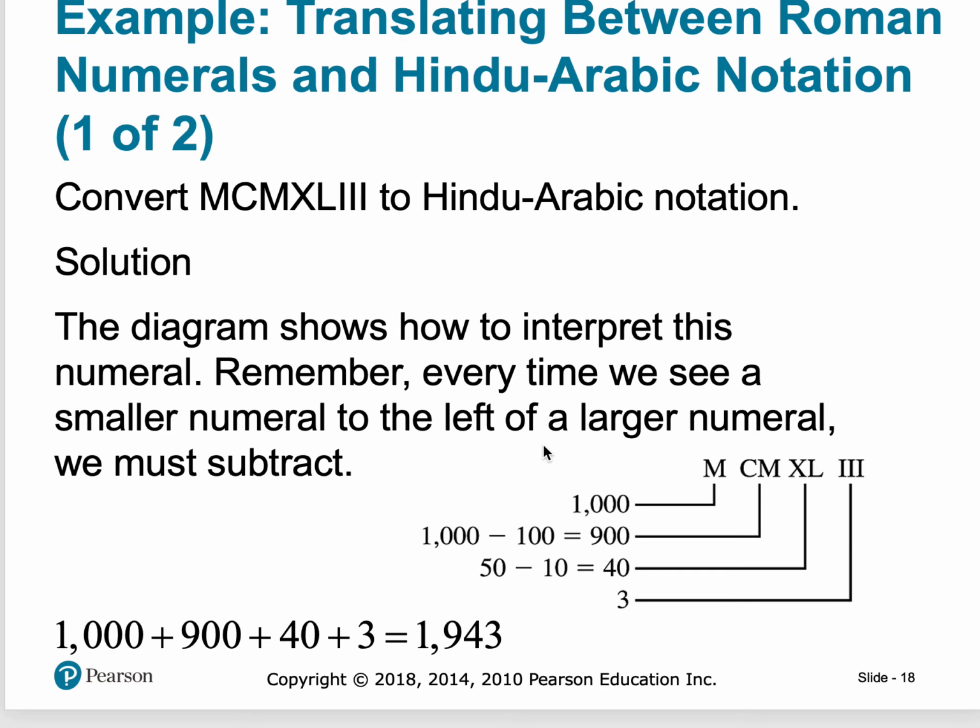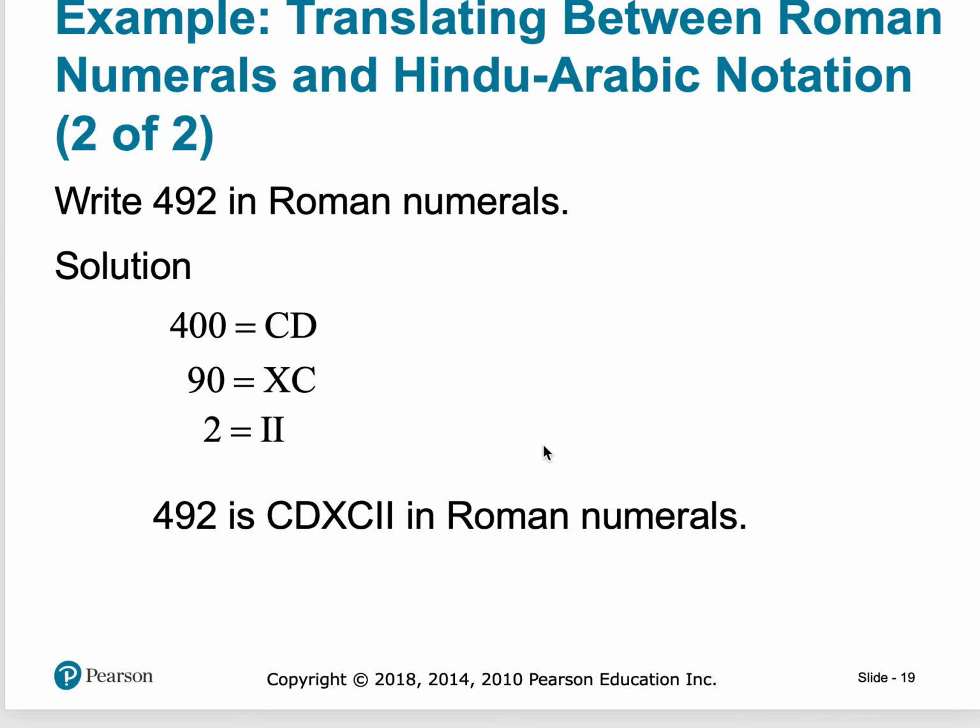And then we get our expanded form number. If I wanted to write 492, I would need 4 100s, 90 10s, and 2 1s. And so I would actually get there from doing this math. I would have 500 minus 100, 100 minus 10, and then the 2 1s hanging out.